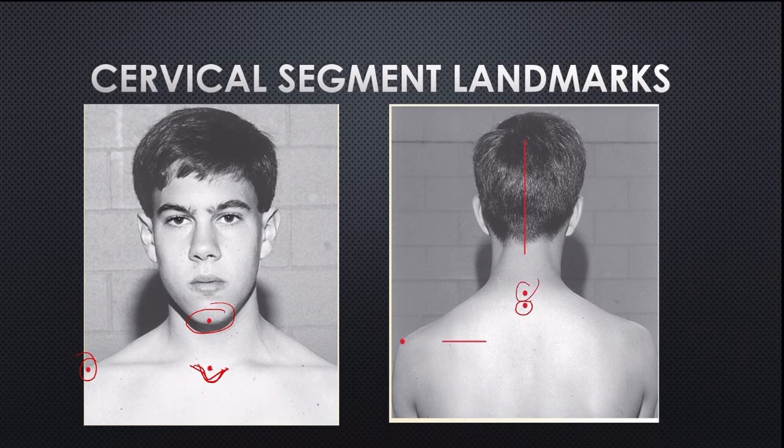Although it's not easily palpable, you start with C7, and below it is your T1, because C6 is not that palpable. C7 is very palpable. If you press this area here and go downward, the next bone that you can feel is the spinous process of T1. Okay, then here is also your acromion process.